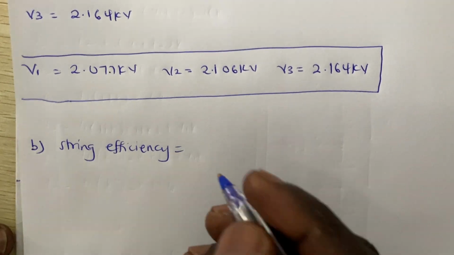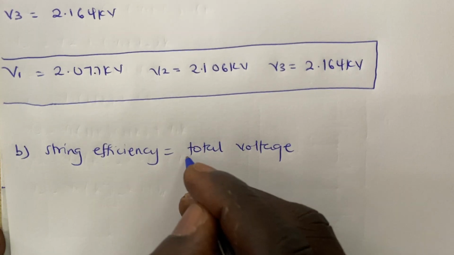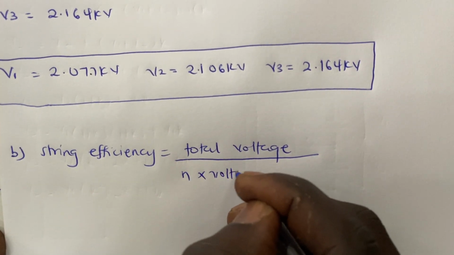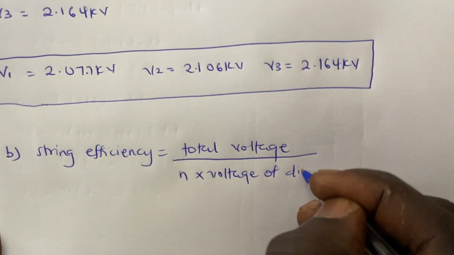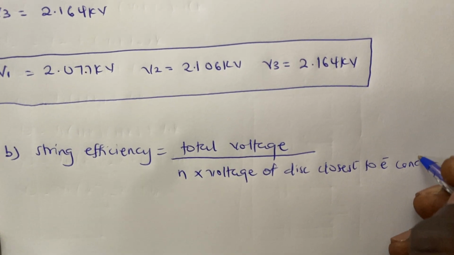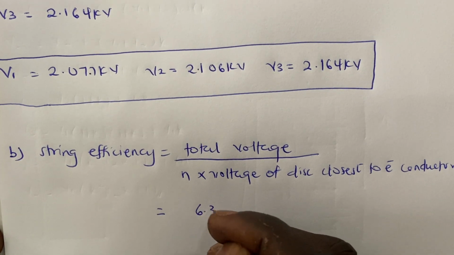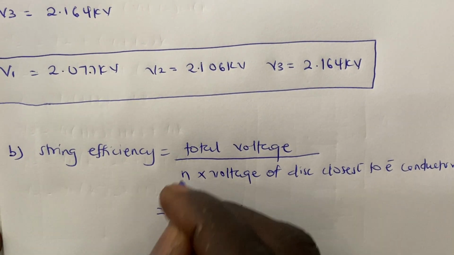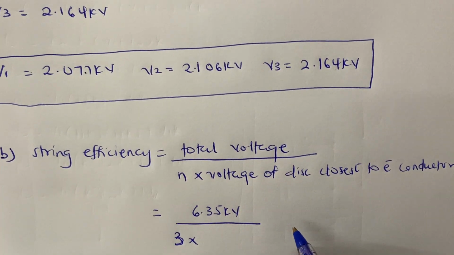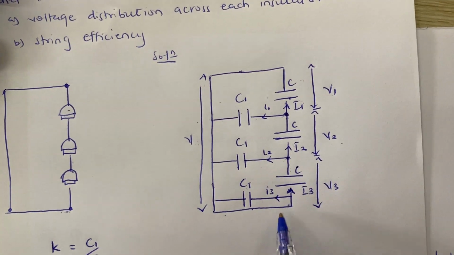In order to find the string efficiency, we say that it is the total phase voltage, of course, over the number of discs that we have times the voltage of the disc closest to the conductor, right? So now our total voltage is 6.35 kilovolts. The number of discs that we were working with was 3, and the voltage of the disc that's closest to the conductor is this V3, because the string is carrying the conductor here.